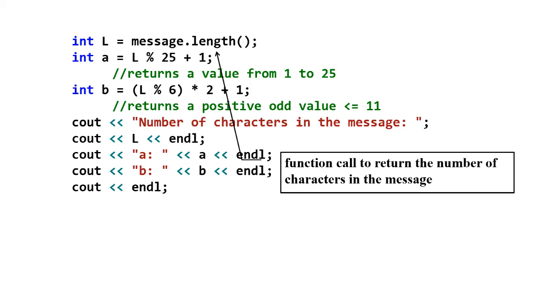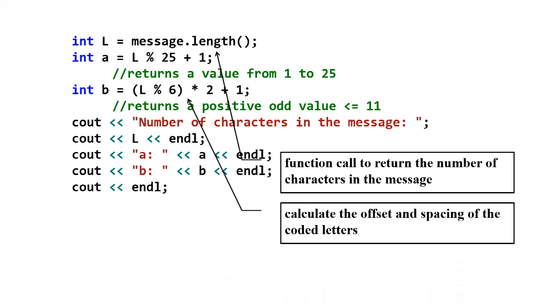Message is the name of my string object, and the dot length function will return the number of characters in the message, including spaces and punctuation, everything from the beginning of the file to the first end of line character. So that gives me the number of characters that are in the message, and then following that are the calculations for the offset value and also for the spacing value for the coded letters.